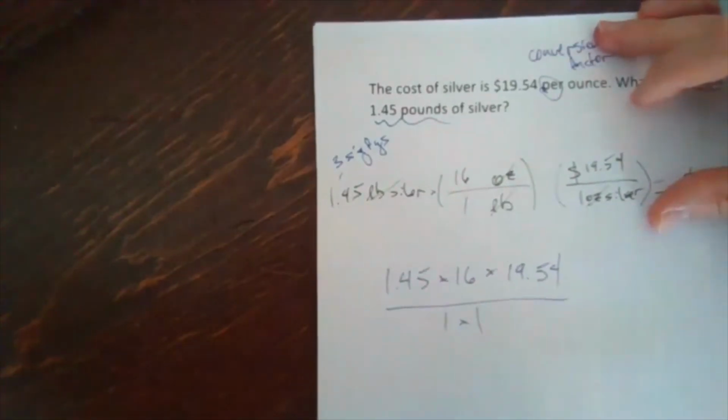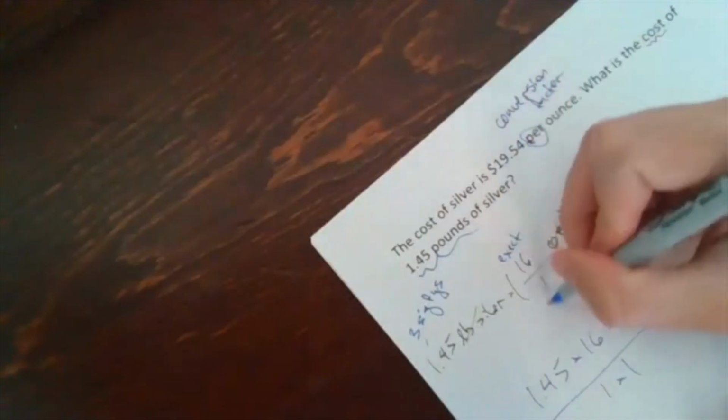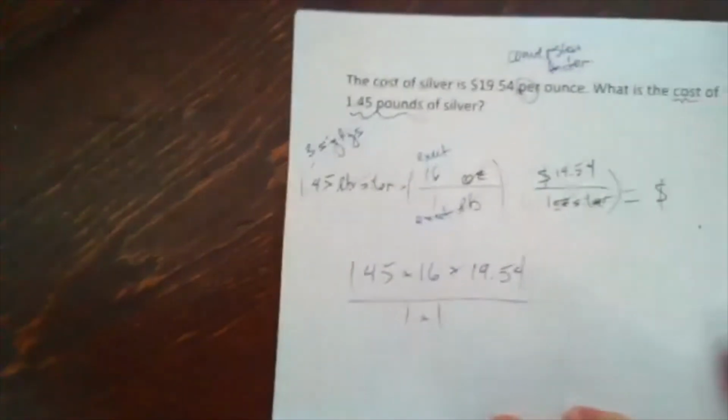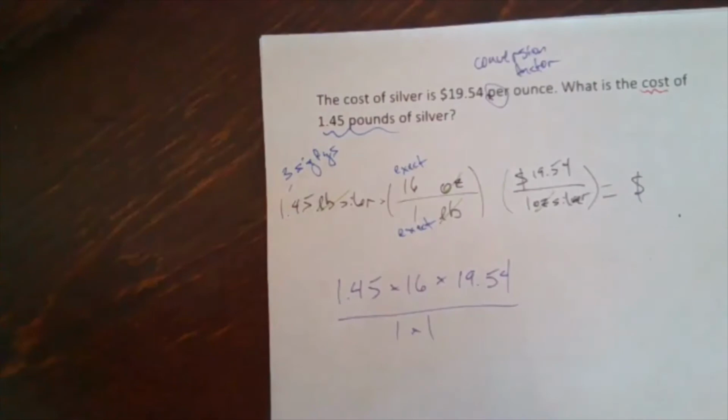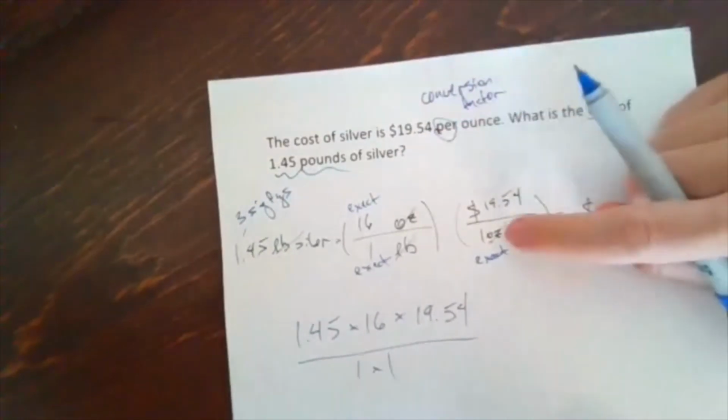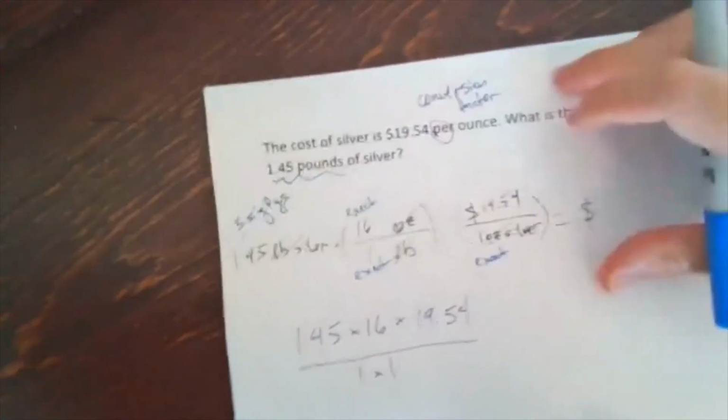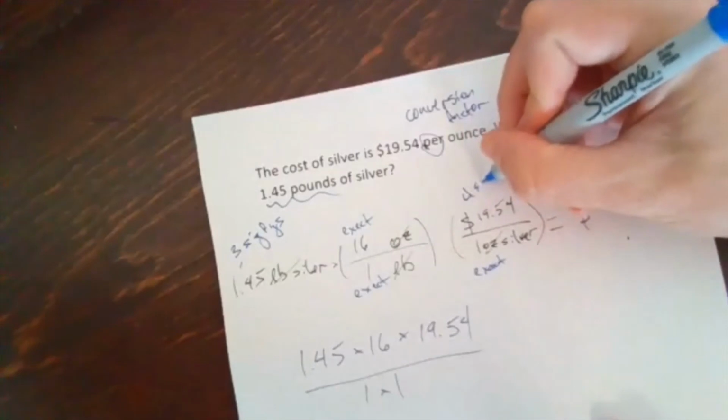Just like metric to metric, these are both exact. Customary to customary are exact measurements, so they simply go across. This one is also exact. Whenever we see that word "per ounce," that's exact. 19.54 is 4 sig figs.